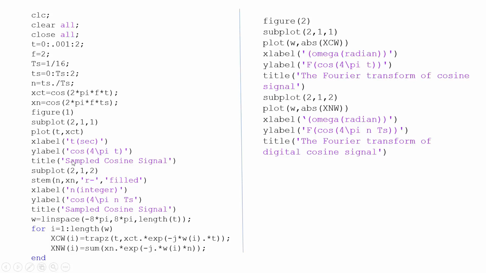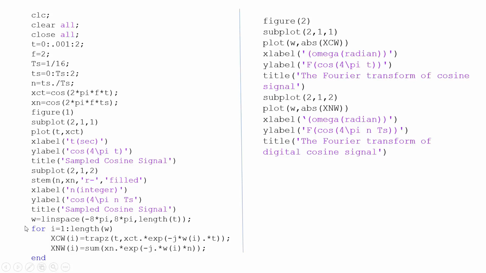We label and give the title. We create a subplot here, and we create using stem, because plot will create the continuous time signal, the stem will create the discrete signal. This is the x-axis variable, xn is the signal, r is the color, and this will represent the circles, the dots. X label, this is how the labeling is done.